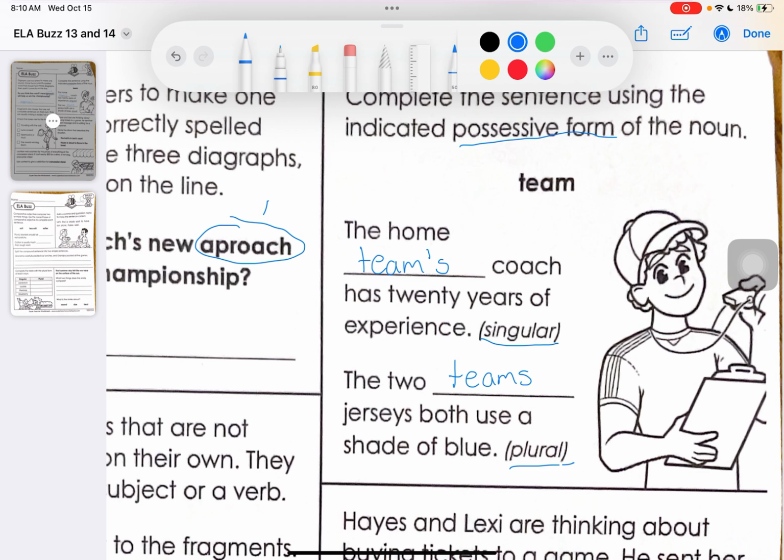If it's teams, multiple, you just add the apostrophe at the end, like that. So if it's plural, you add the apostrophe to show possession at the end of the word. If it's singular, you add it after the end as well. So team, apostrophe S; teams just gets an apostrophe.